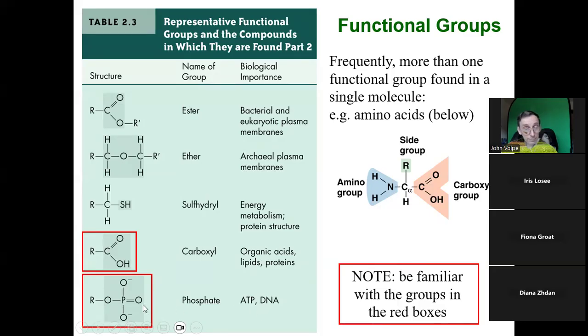I have a question. Uh-huh. Carboxyl is the same as carboxylic acid, right? No, carboxyl is a functional group name. It's a group, and a carboxylic acid contains a carboxyl group, but the carboxylic acid will have H2 bound to this carbon here.